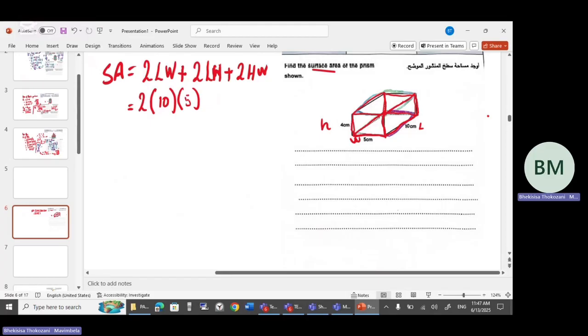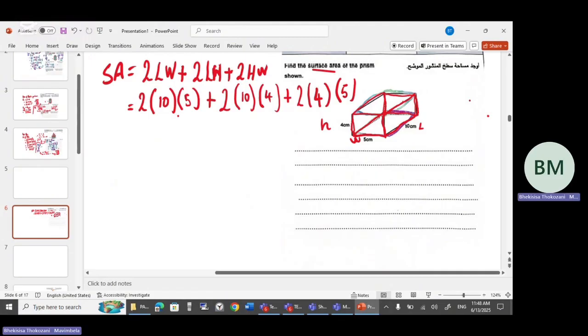Right, it's 5. And then plus, let's go to the next one. Twice. My length again is 10. And my H is 4. Then plus the last one. Twice. My H again is 4. And my W is 5.